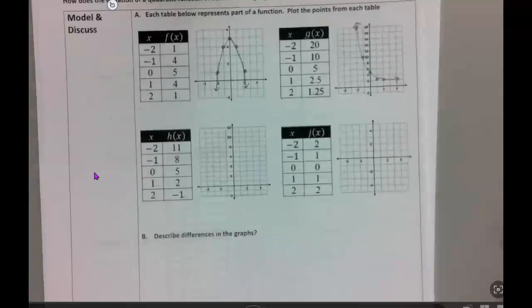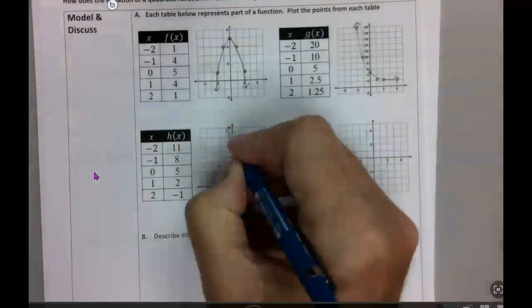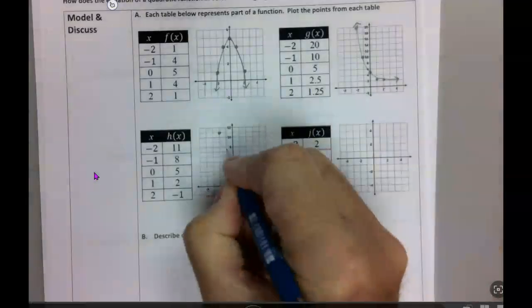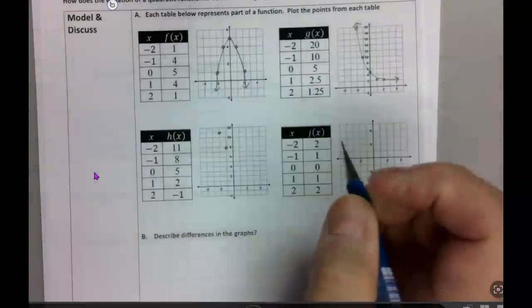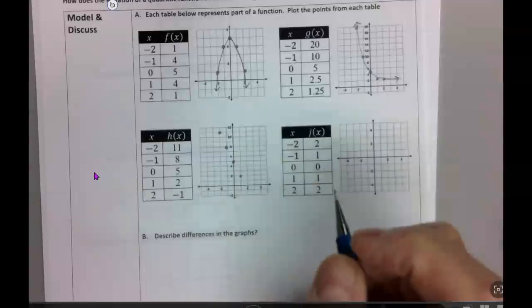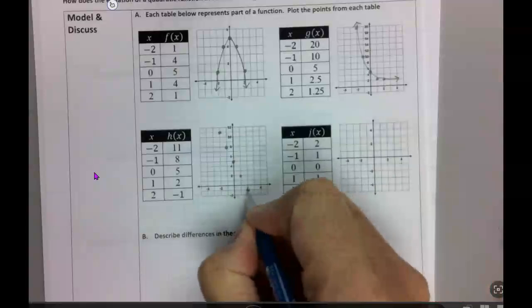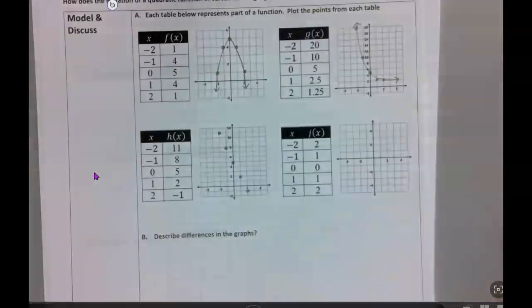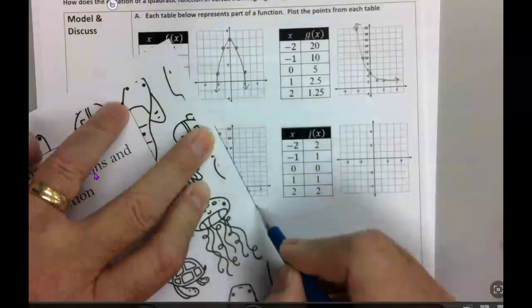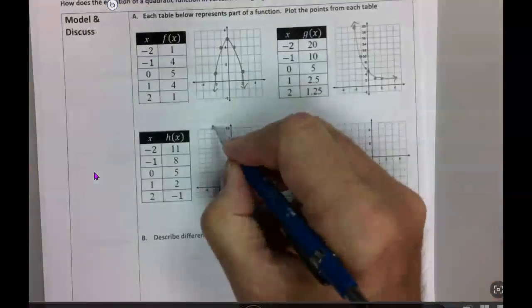Then the next one, let's graph it, -2, 11, -1, 8, 0, 5, 1, 2, and 2, -1. Okay? Anybody know what that is? Like to me, it's a line, isn't it? Get my rulers out.